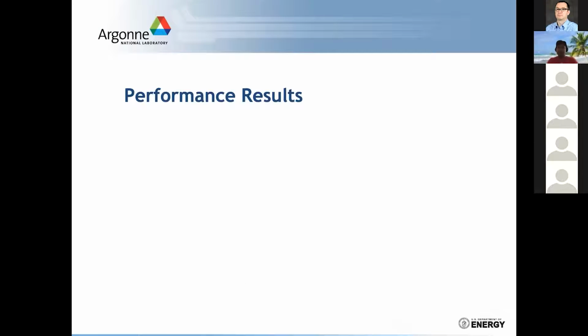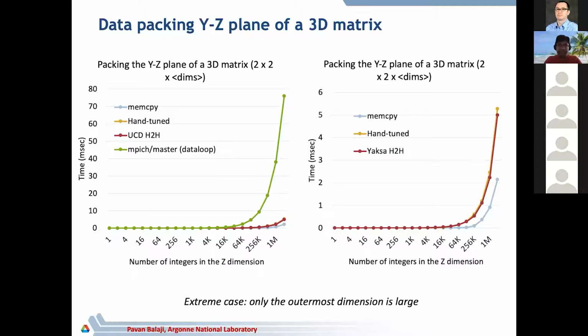Okay, let me move on to the performance numbers, quick performance numbers over here. This is just a quick pack and unpack kernel comparison. This is somewhat of an unfair comparison. I put MPICH master in there as a kind of boilerplate implementation, and I put dataloop over here. The reason is that this is really old MPICH code.